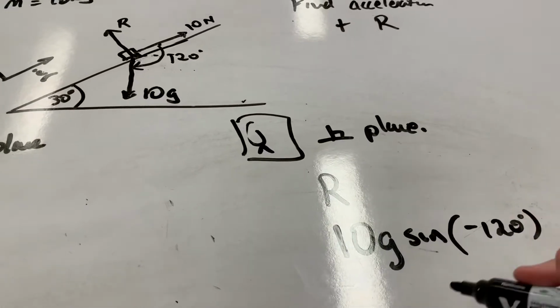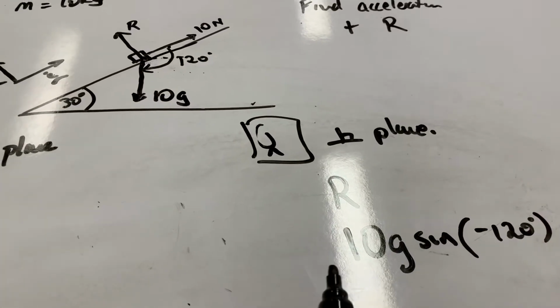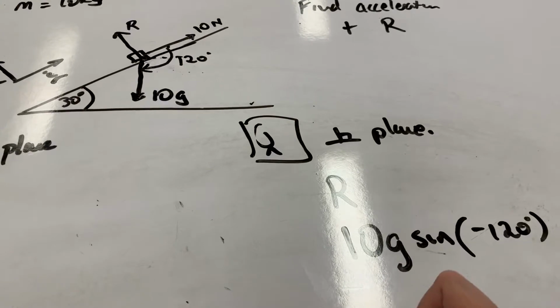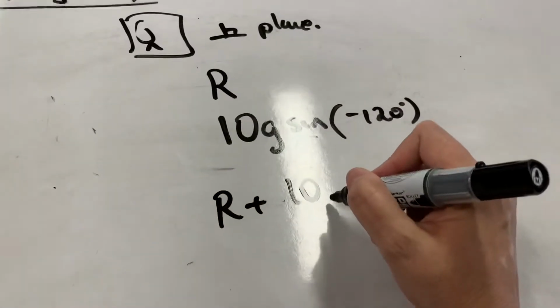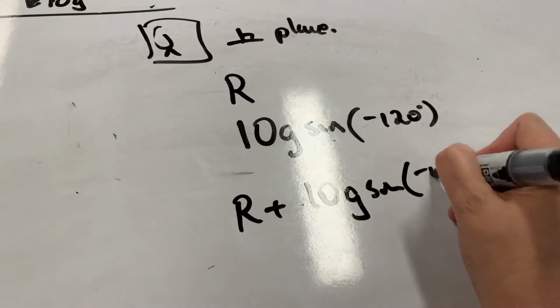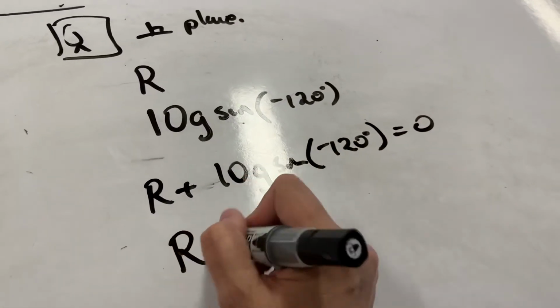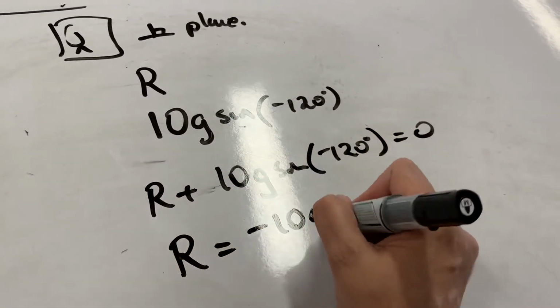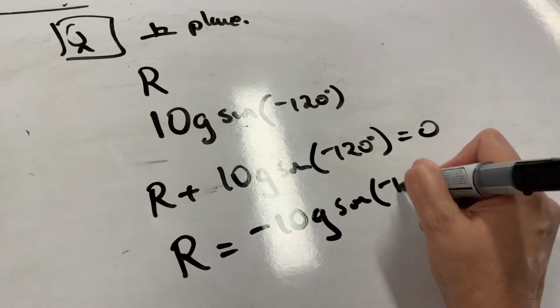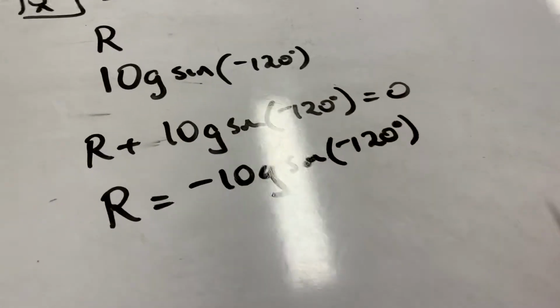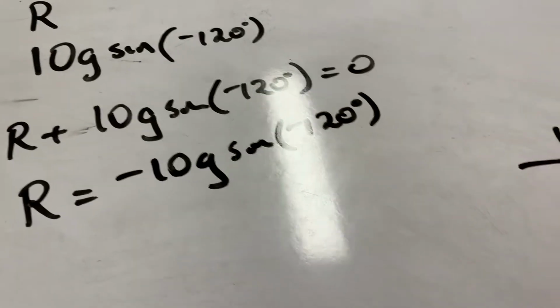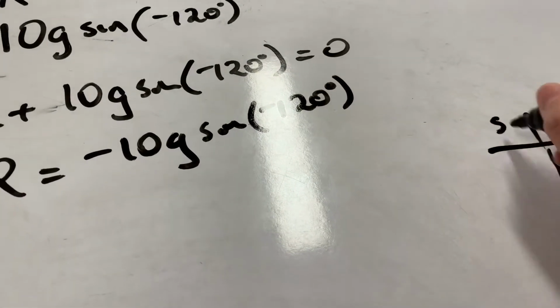So in the J direction, there's no movement. The mass is staying on the plane. So I know that R plus 10G sine negative 120 is equal to 0. So R is equal to negative 10G sine negative 120. Now negative 120, we're a good old CAST.